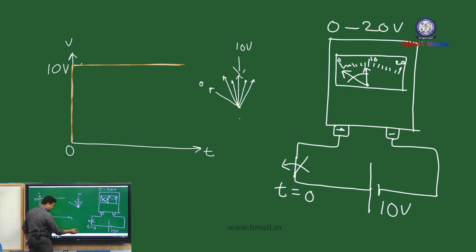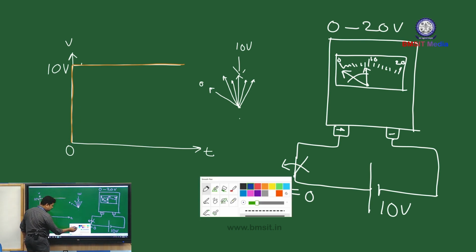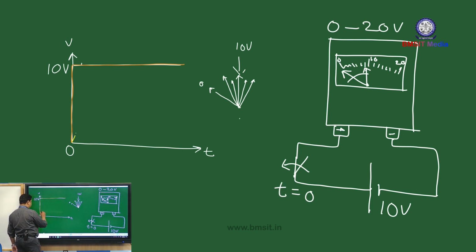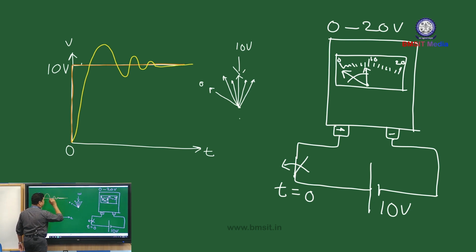I will choose some other color as it is not so clear. I think yellow will be better. It will rise from 0. Instead of stopping at 10 volts, it will show some value about 10 volts. It will come down, again go up, come down, go up, come down. At one final point, it will settle down.